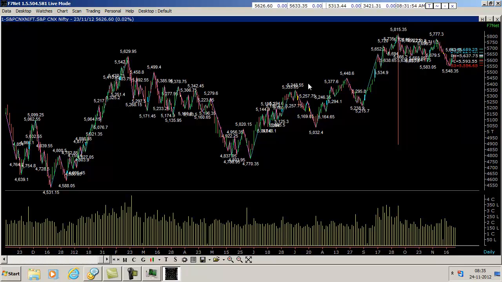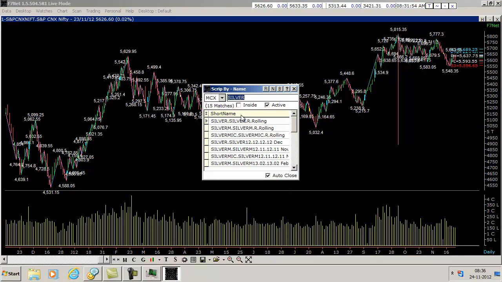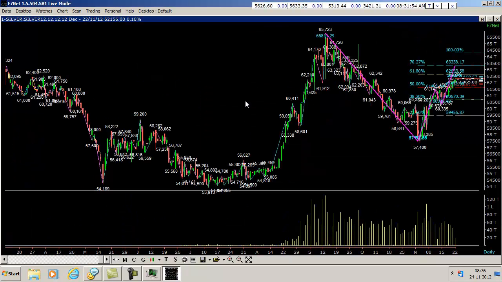Now internally, based on this bottom and this top, we can predict this top. So whenever we do transactions, they will be near the top and near the bottom. This is true for silver, this is true for MCX, any chart.